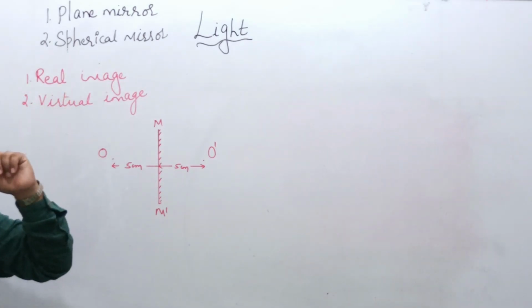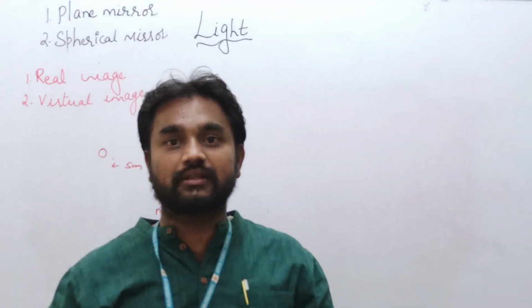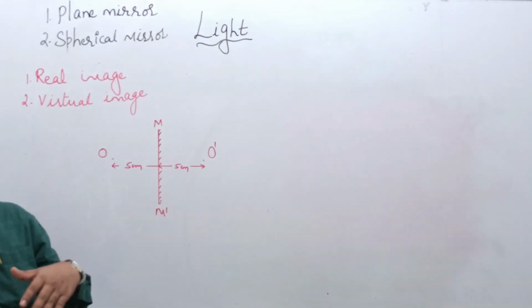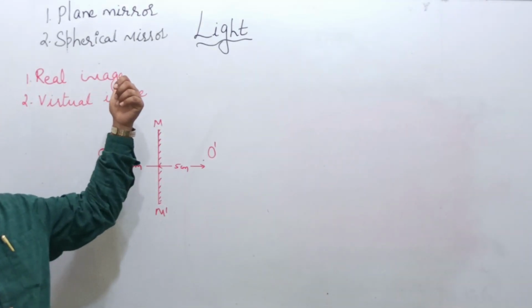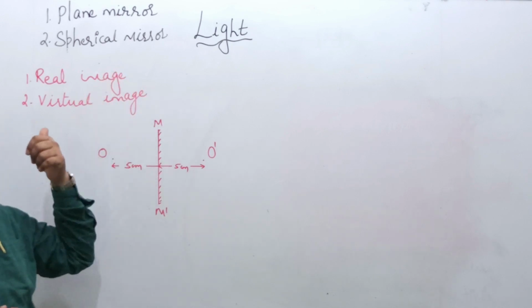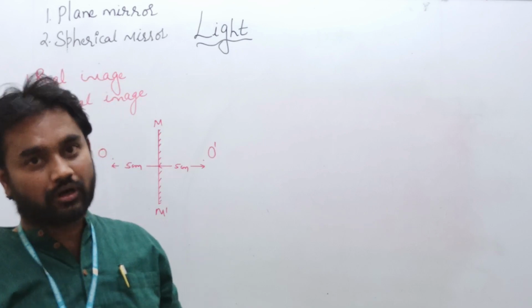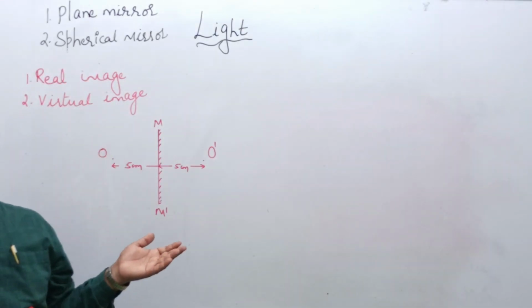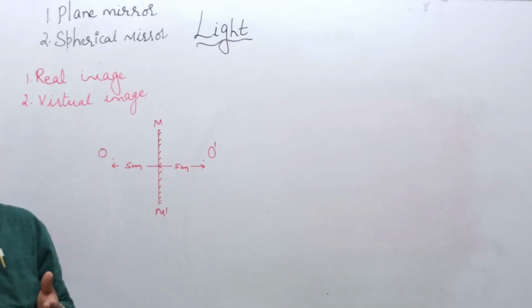What is a real image? The image that is formed or that can be caught on the screen, we call it a real image. And the virtual image is that which cannot be caught on the screen or will not be obtained on the screen. So we call it a virtual image. That is an illusion, just an illusion.